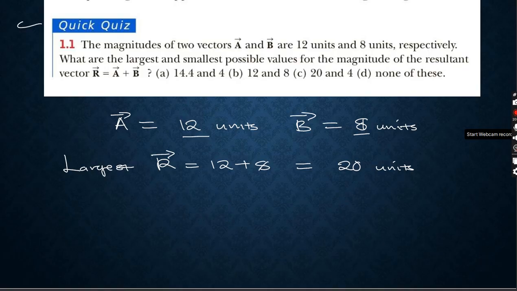What about the smallest? The smallest is going to be found by subtracting. So we get 12 minus 8, which is 4 units.